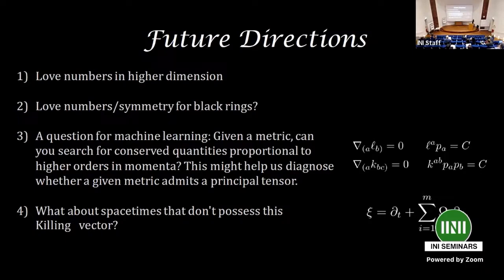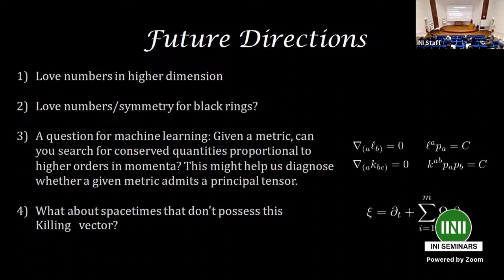And then, a question maybe for machine learning folks, in terms of separability: given a metric, I wonder if one can search for conserved quantities that are proportional to higher order in the momenta. And maybe if you were to find those conserved quantities through some sort of algorithm, this could tell you that a spacetime is separable or not.